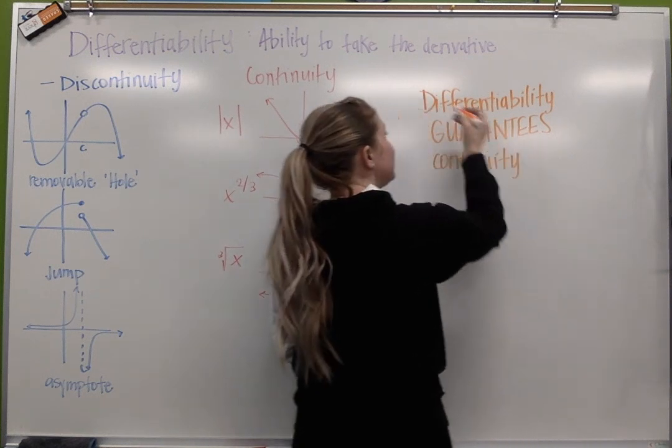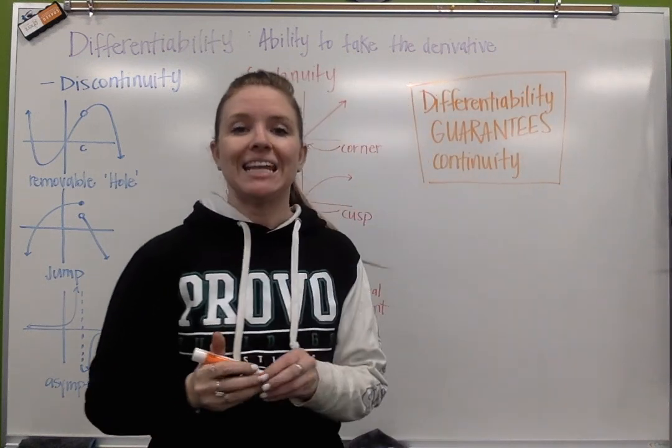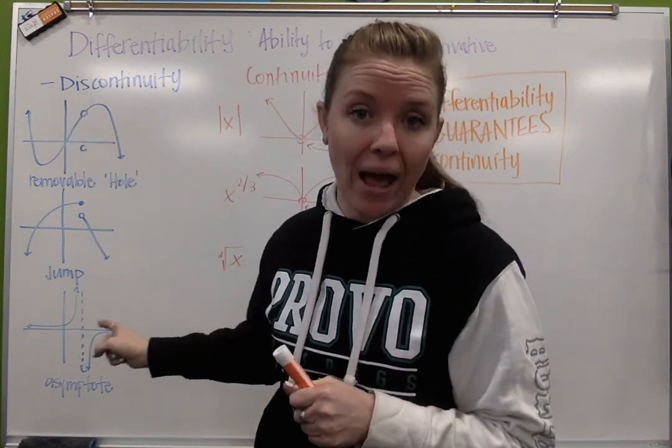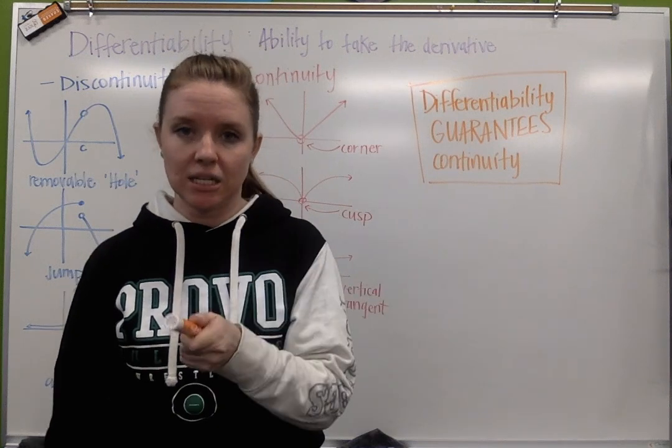So if you can take the derivative, you are guaranteed that that function is continuous. There's no holes, there's no jumps, there's no asymptotes. If you can take the derivative, the function is continuous.